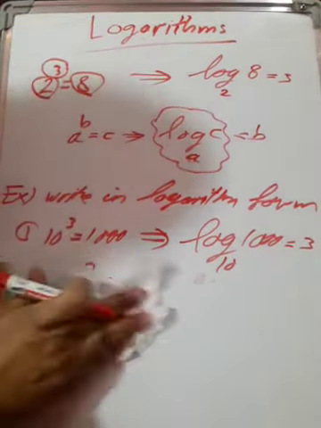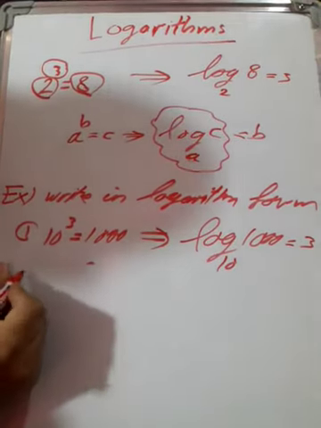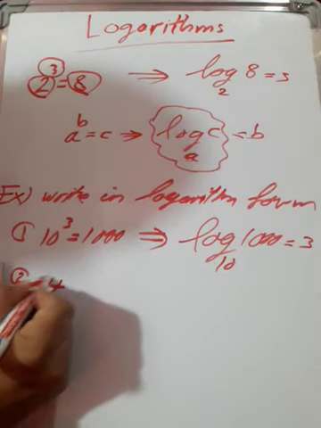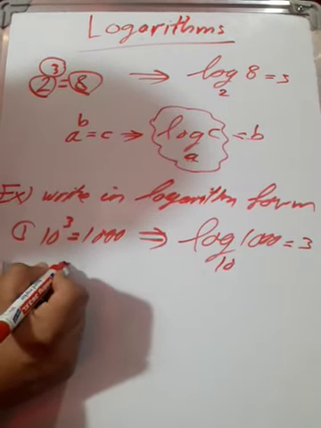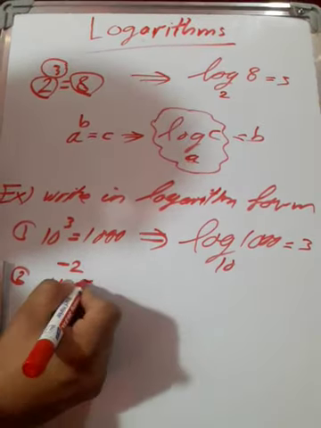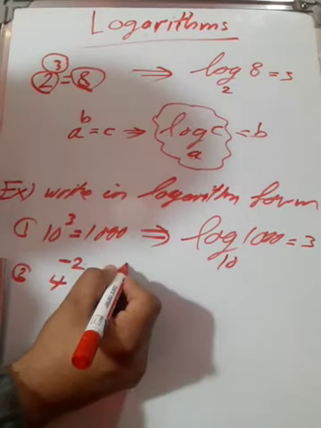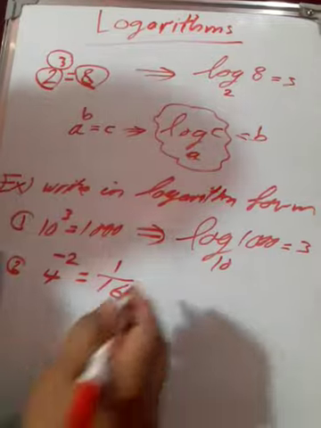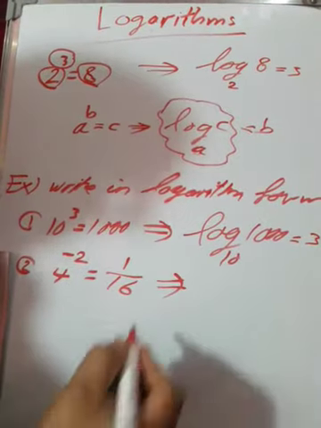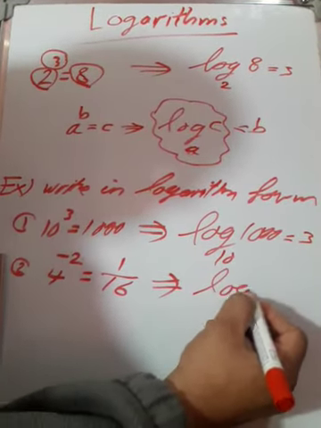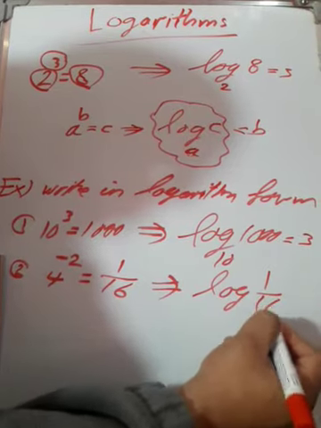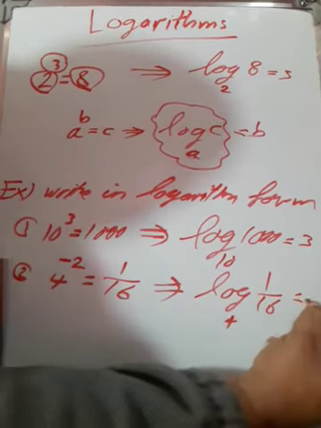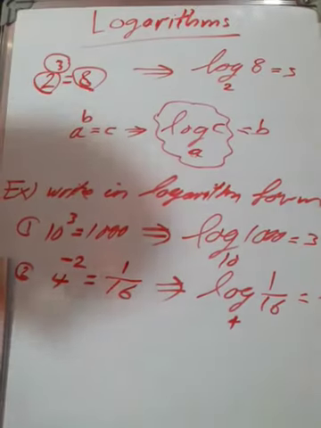Okay? Another example. If I say 4 to the power minus 2 equals what? 1 over 16. If I want to write it in logarithm form, I get the logarithm of 1 over 16 to the base 4 equals minus 2.